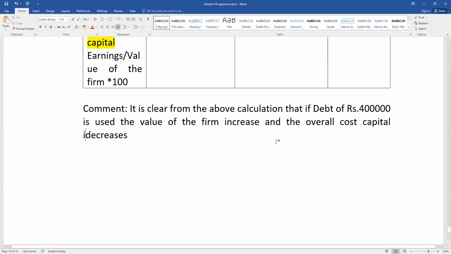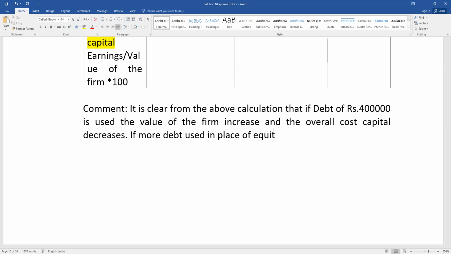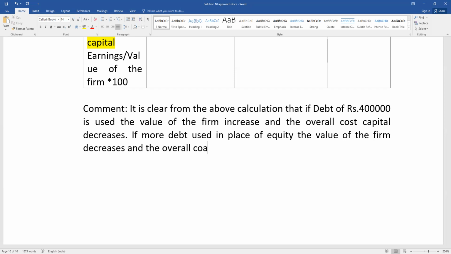Overall cost of capital decreases. If more debt is used in place of equity, the value of the firm decreases and the overall cost of capital increases. Hence, proved, traditional approach.